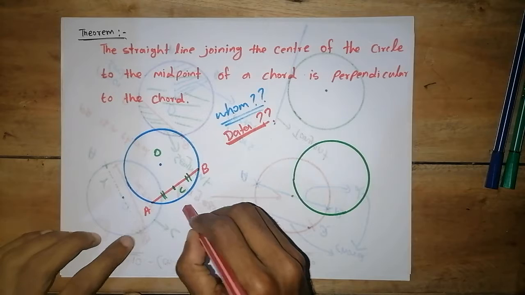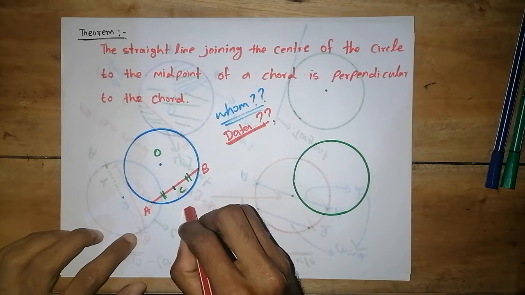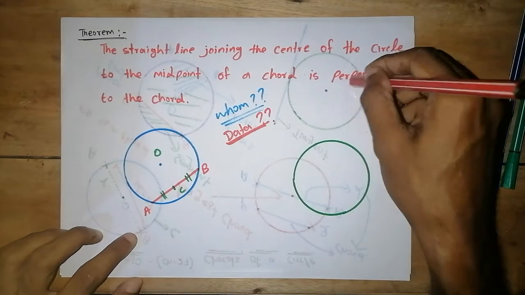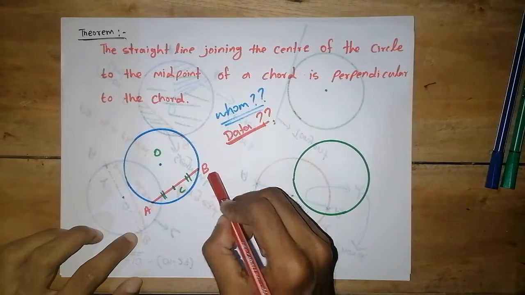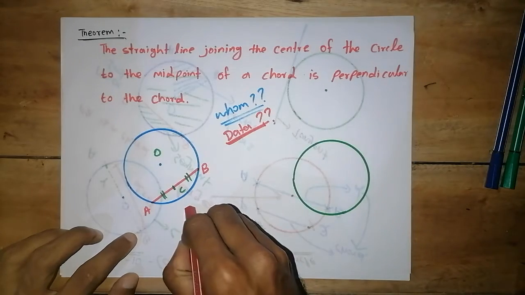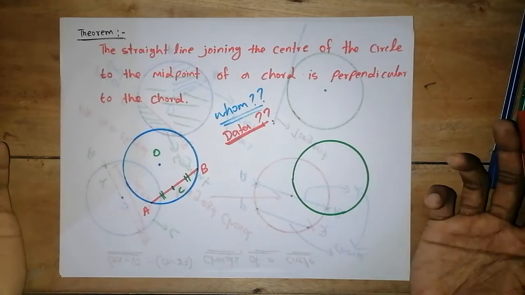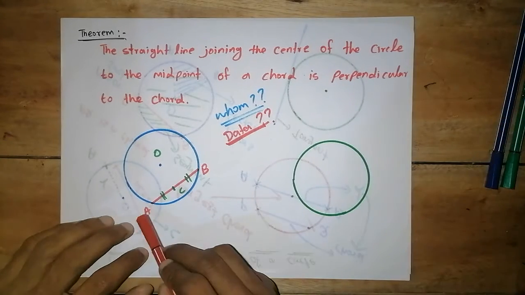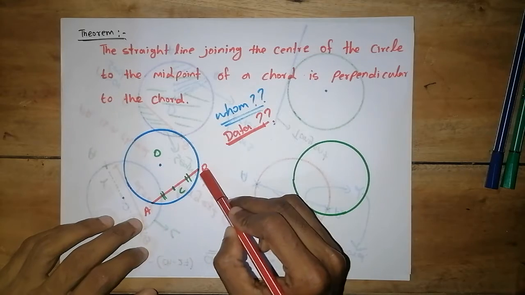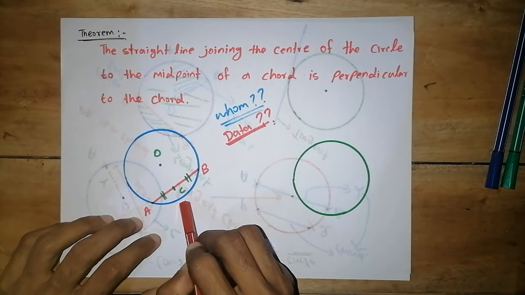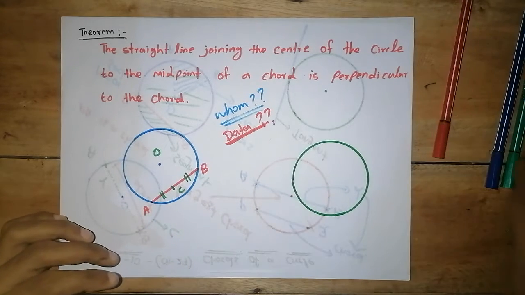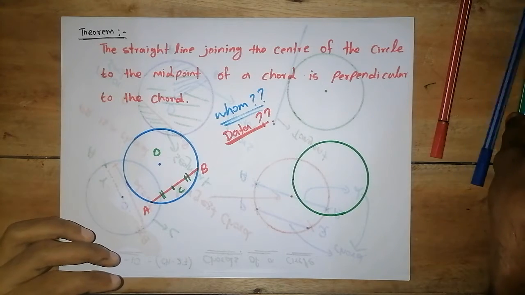If a chord is given and the midpoint is given, then only we can use this theorem, because they should give the data.